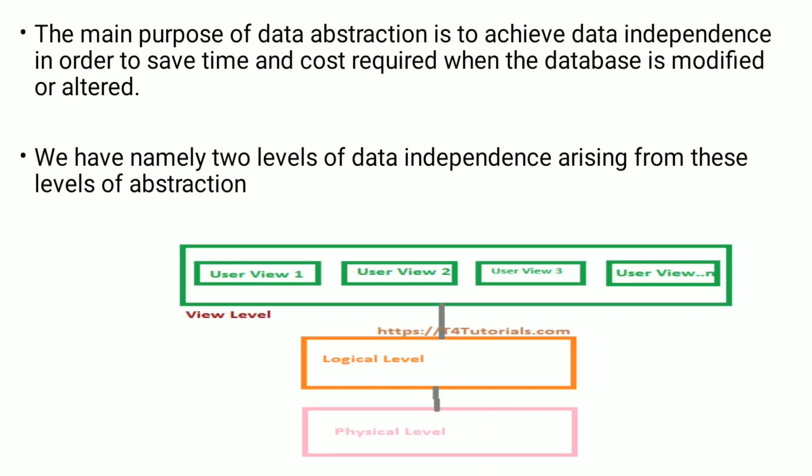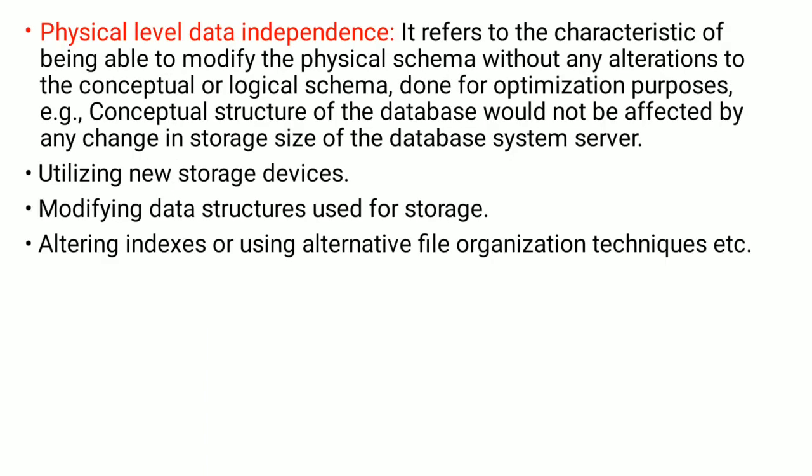The main purpose of data abstraction is to achieve data independence in order to reduce the cost required when the database is modified or altered. We have two levels of data independence arising from these levels of abstraction. The first is physical data independence. It refers to the characteristic of being able to modify the physical schema without any alteration to the conceptual or logical schema, done for optimization purposes.